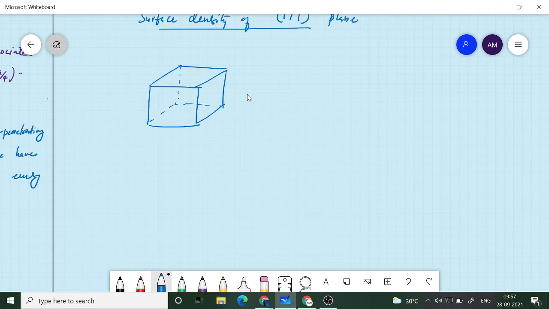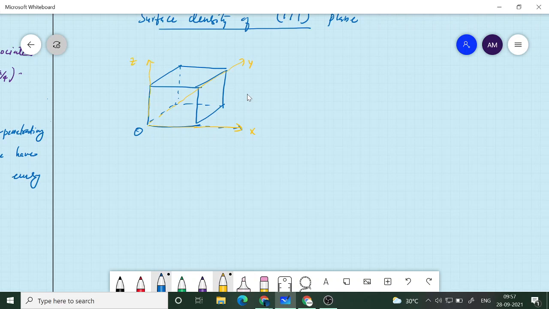Okay, and if I mark x, y, z, as before, this is O, this is my x-axis, then this is my y-axis, and then this is my z-axis.